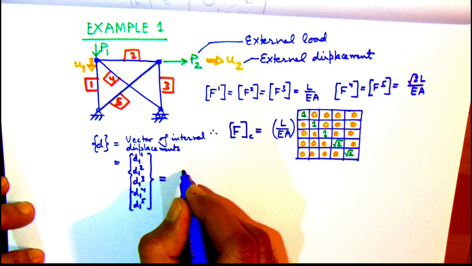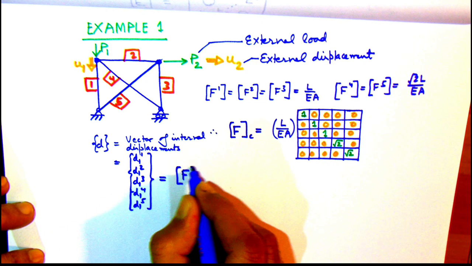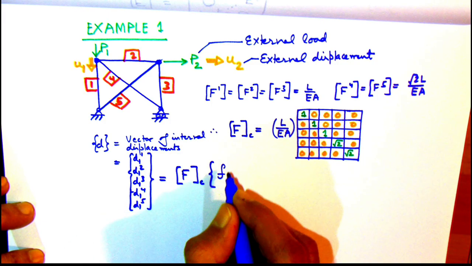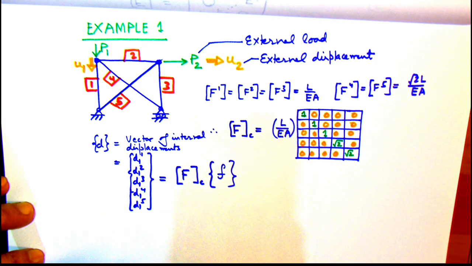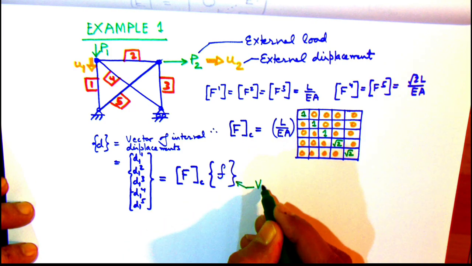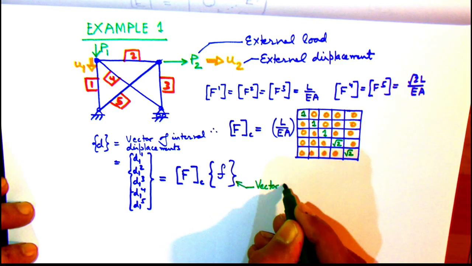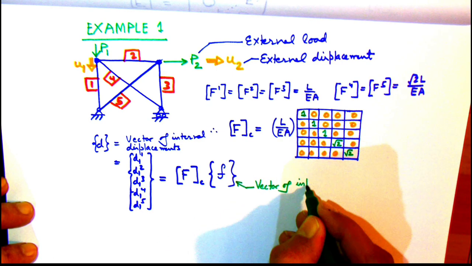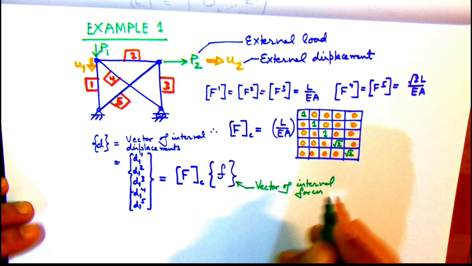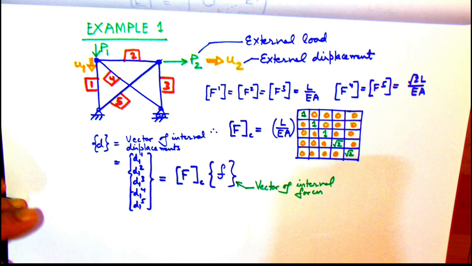Please note that here we have used the lowercase symbols for the internal displacements and the internal forces. So now we are forming the vector of the internal forces also, that will be of the same size, that is 5 by 1, and the components will be f1 to f5 for the members 1 to 5.